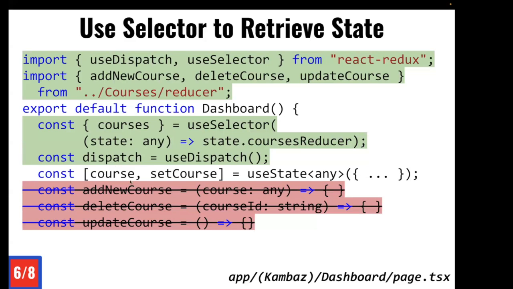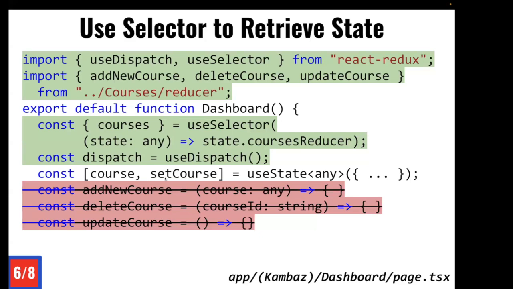The course object is still going to stay as a state variable, and this is an example of a collaboration between global state and local state. The course here makes sense to keep here because we are editing this course in a local input field, the text in the text area, and as we are typing we're changing the local state.